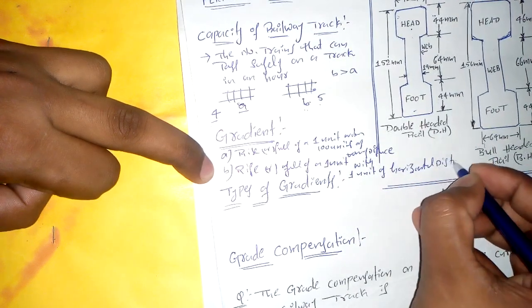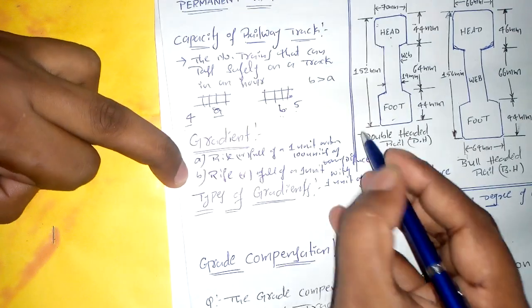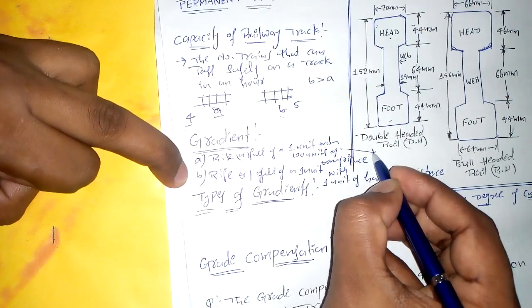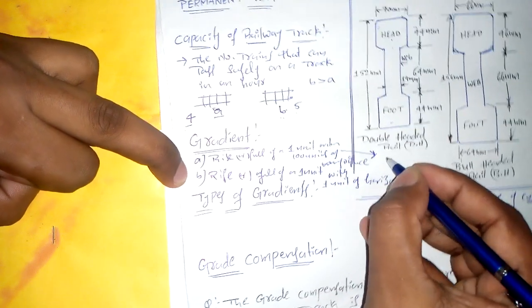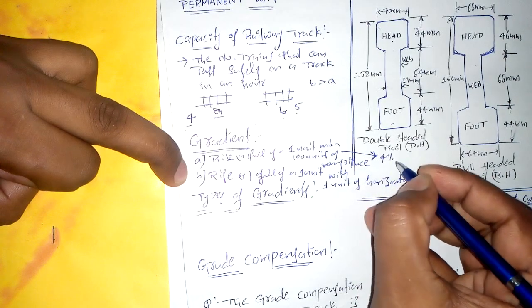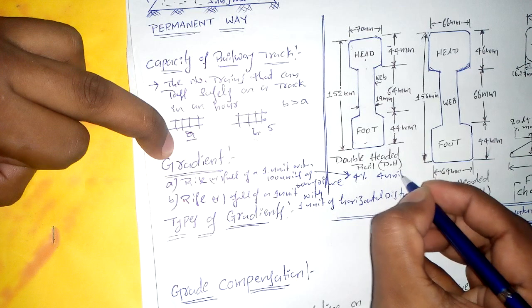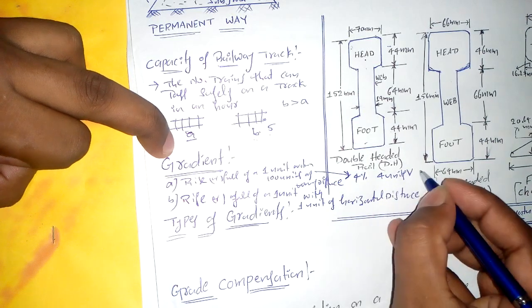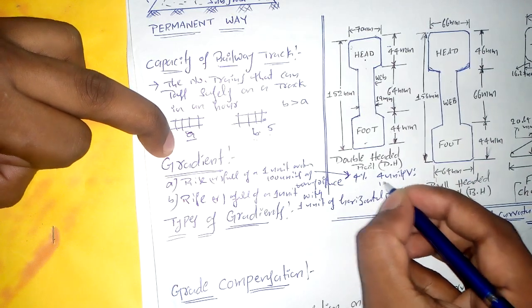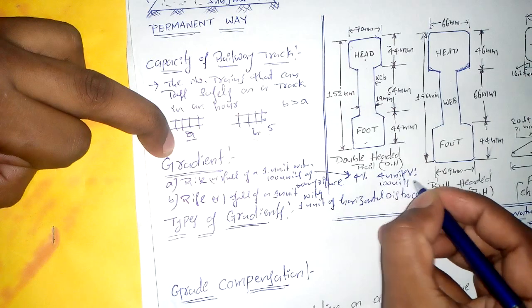So it is measured in percentage. In the first case, if the gradient is 4%, it means 4 units of vertical with respect to 100 units of horizontal.